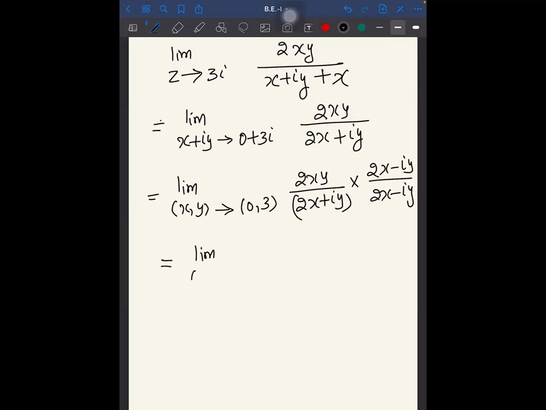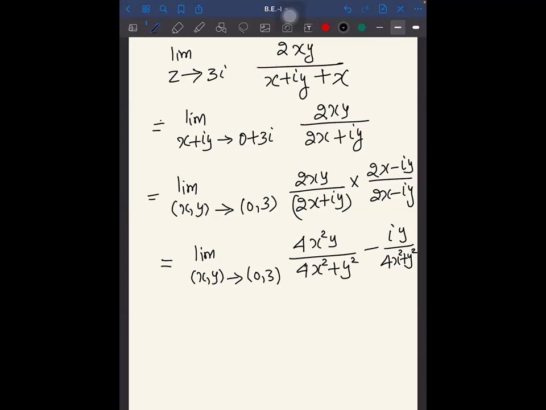So limit xy goes to 0, 3 of 4x square y upon 4x square plus y square, minus iota y upon 4x square plus y square. So now can you do this? Will you be able to go ahead? Yes, sir. Okay? So these types of questions can also be asked. This is a different type of question.